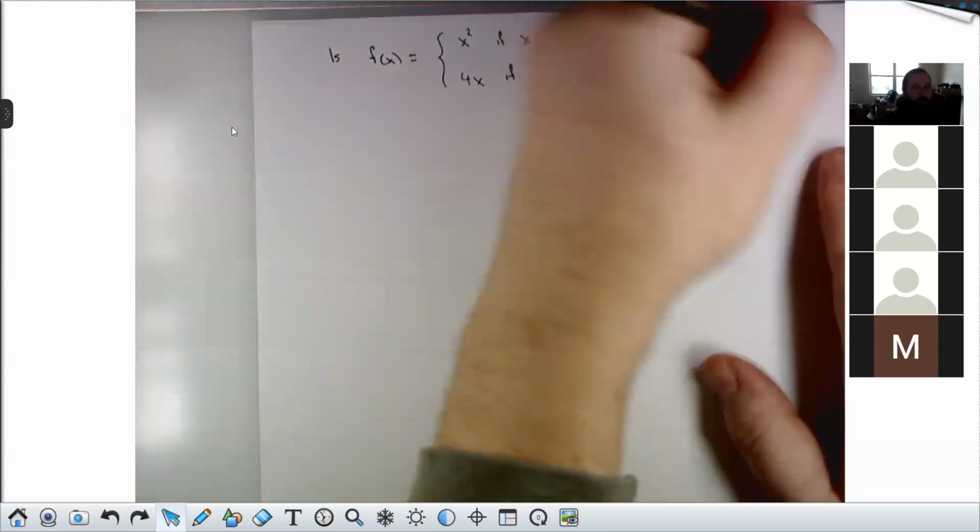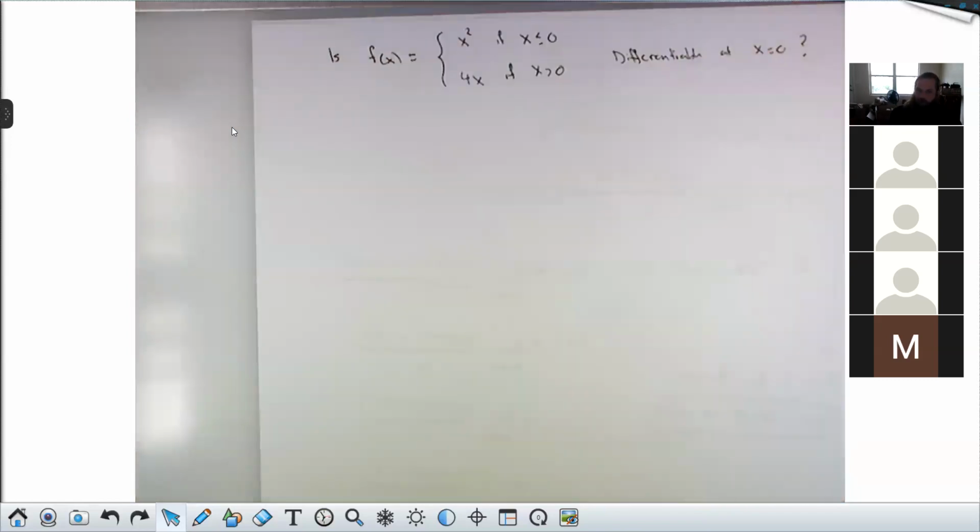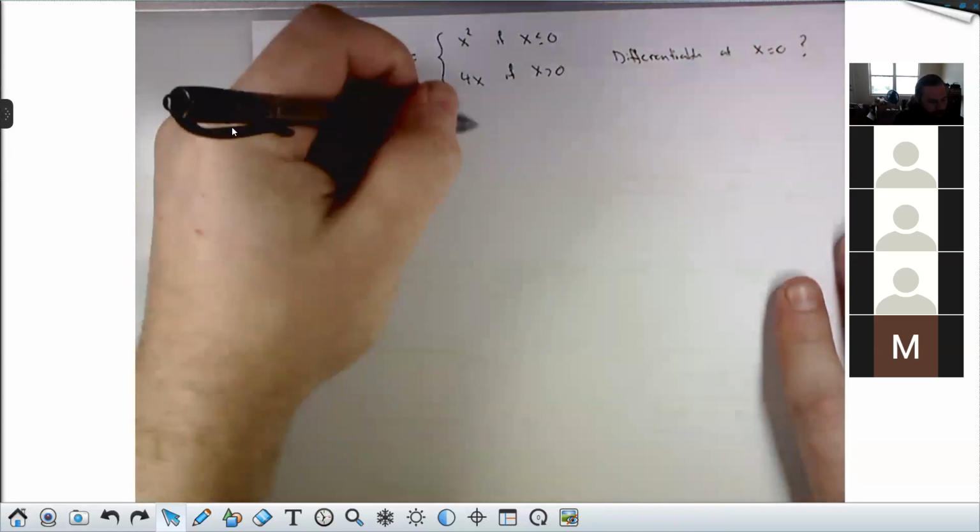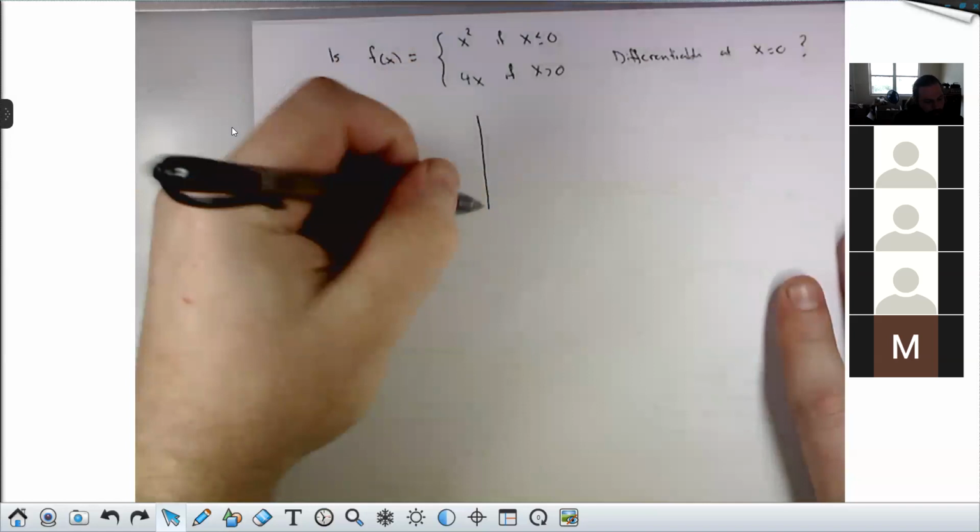This sort of thing would be a fair question, and you would have a few ways to attack this. But my advice here would be first to sketch the graph. That way you'll at least have some idea.